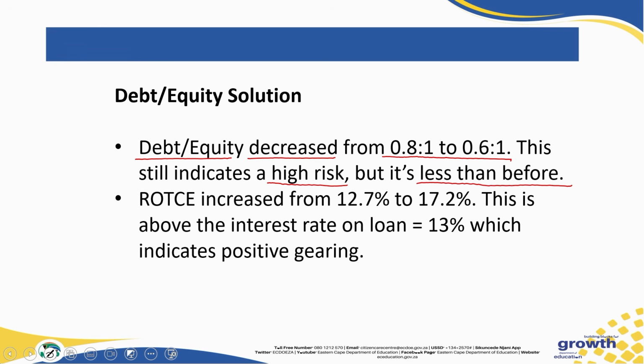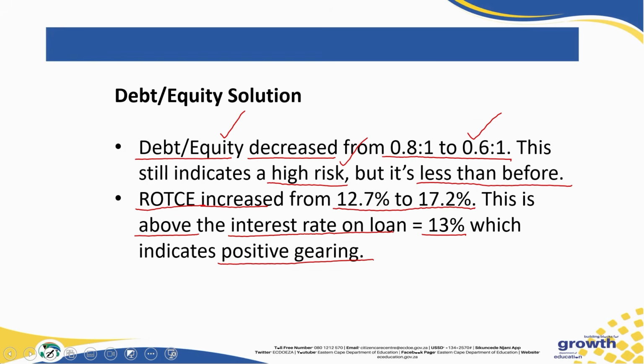Then the return on the total capital employed, you are allowed to write it out like that. That has increased from 12.7% to 17.2%. This is above the interest rate on loan, which is 13%, and this indicates positive gearing.